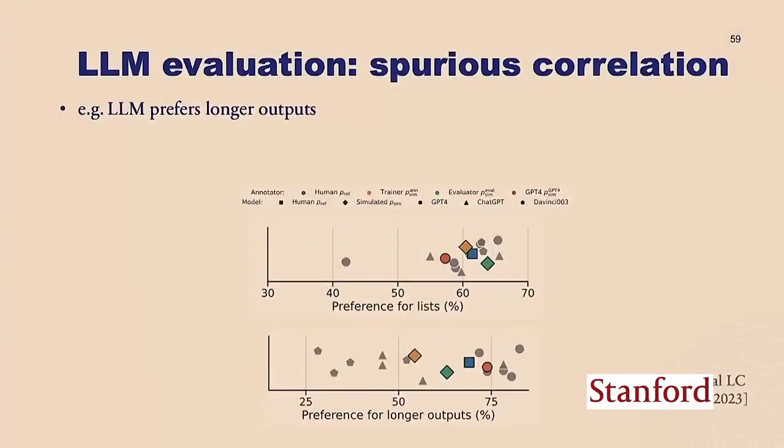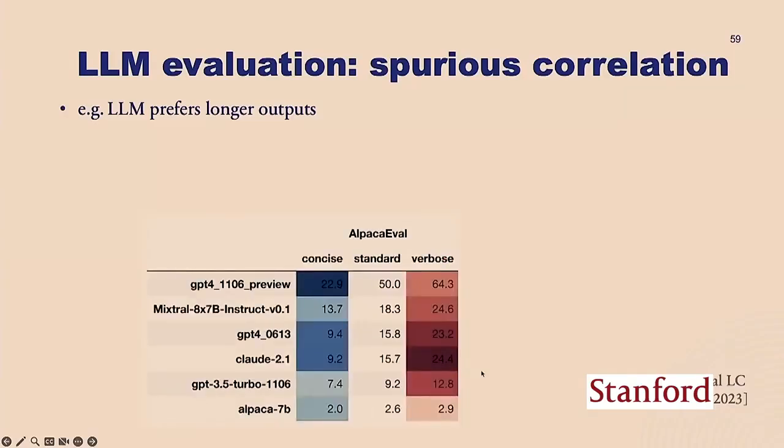Here we see the preference, showing that humans and models prefer longer outputs. And here is another view of the initial AlpacaEval benchmark. When we look at the win rate of GPT-4 versus GPT-4 itself, the standard GPT-4 gets 50% by definition, because we're comparing GPT-4 versus GPT-4.